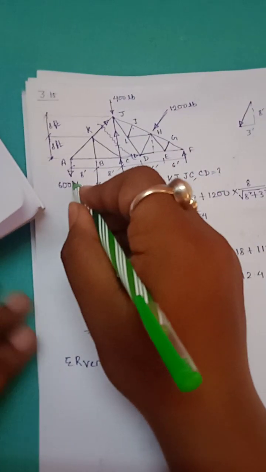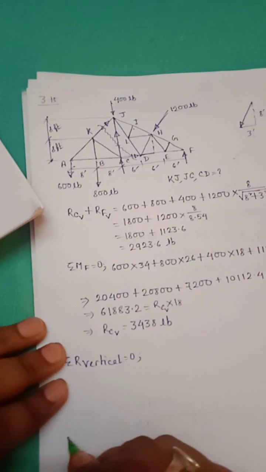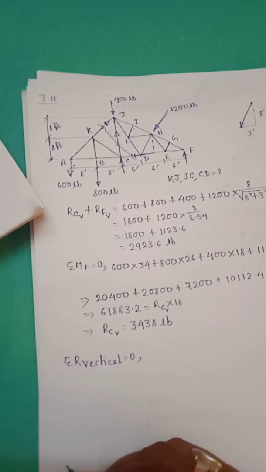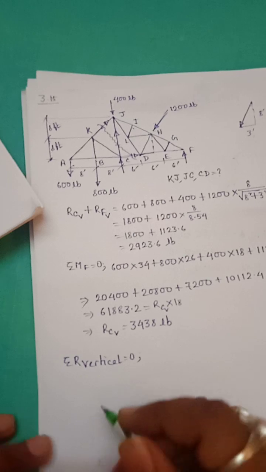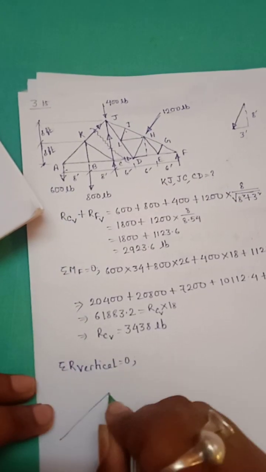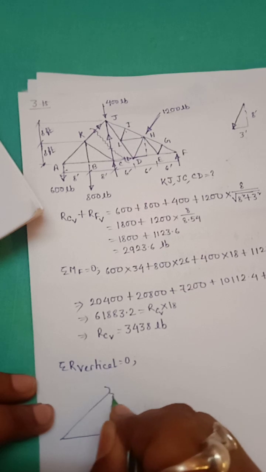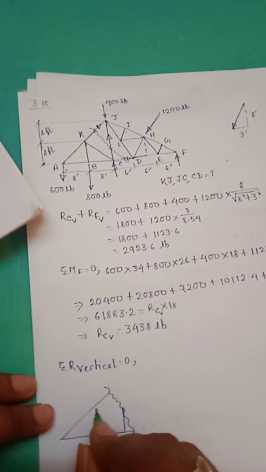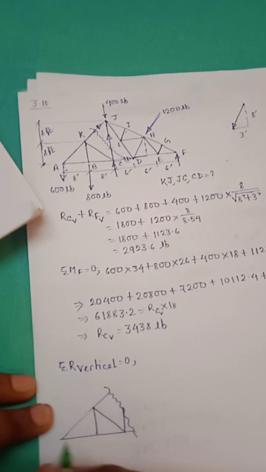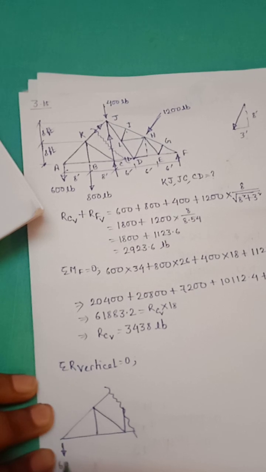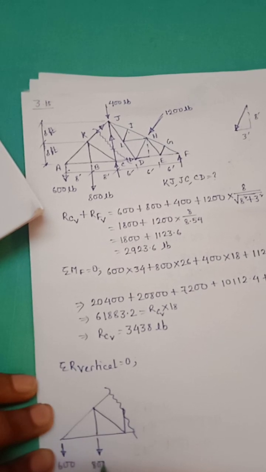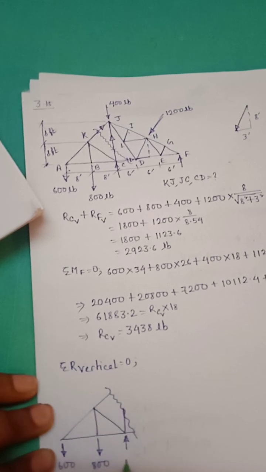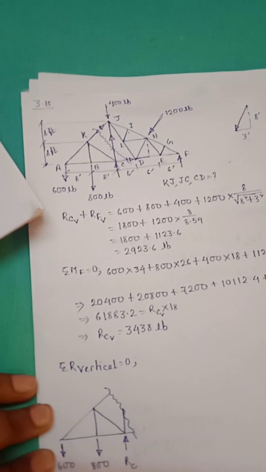Now we have here 600 pound, here 800 pound, here reaction of C, okay.